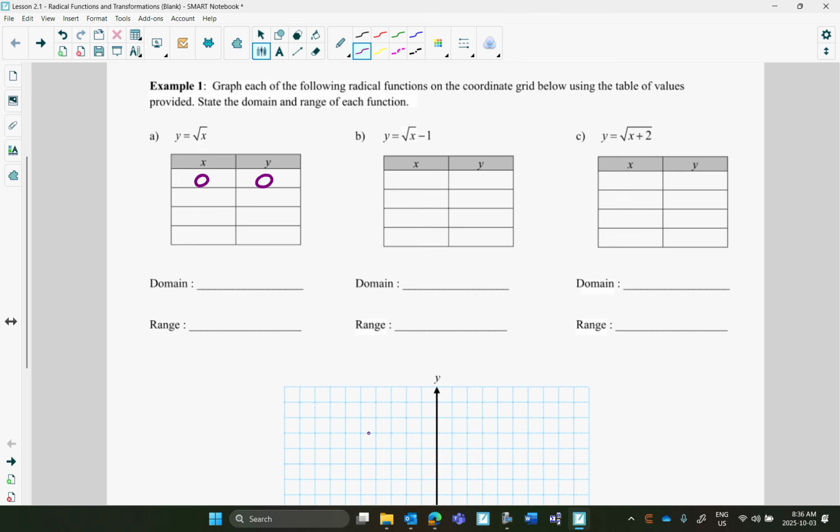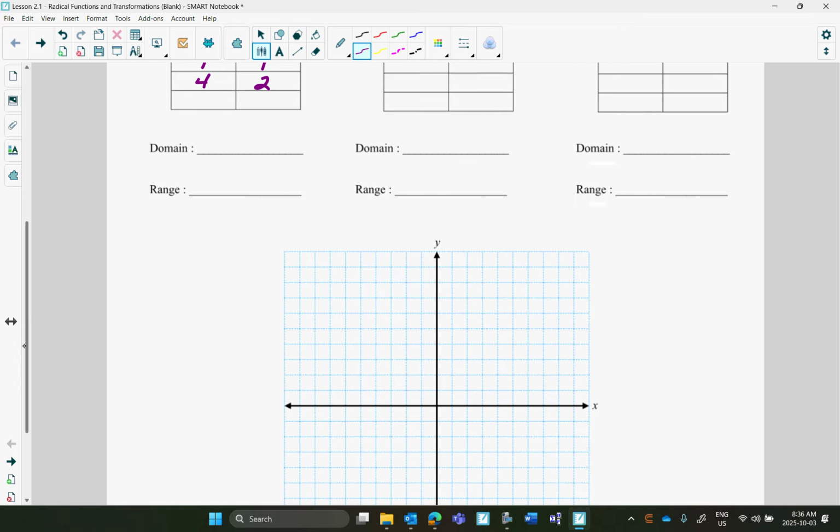What might you choose for x next? Is there a smaller one? 1. Because the square root of 1 is 1. And then you're correct. The next one would be 4. And the square root of 4 is 2. So it gives us nice, clean points. And that's enough to see what the shape's going to look like. I know there's an additional space there, but we don't need it.